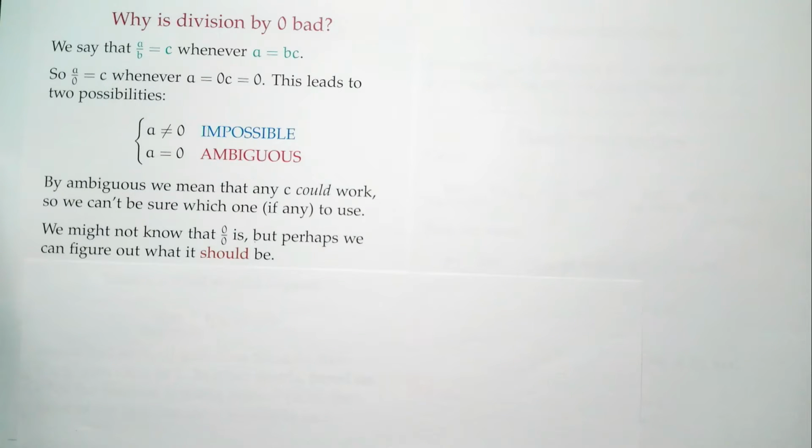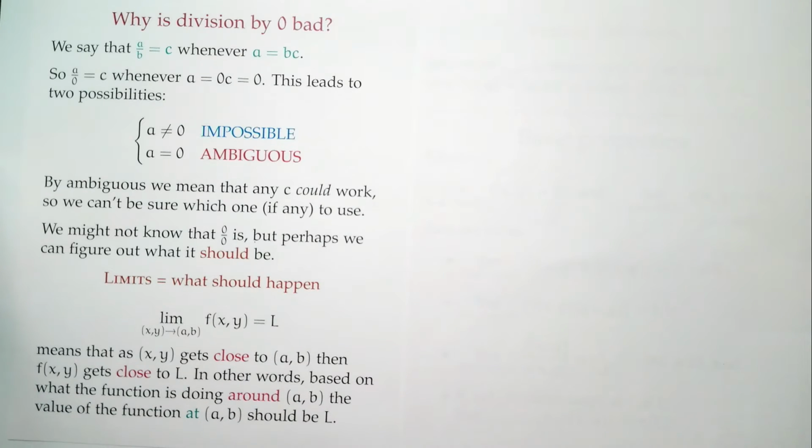But you might say, hey, this 0 over 0 is coming from a function where I'm allowed to vary my parameters. And maybe I can say, what's happening nearby? Now, if this sounds very familiar, it should be, because what we're talking about are limits. Limits ask the question, what should happen?